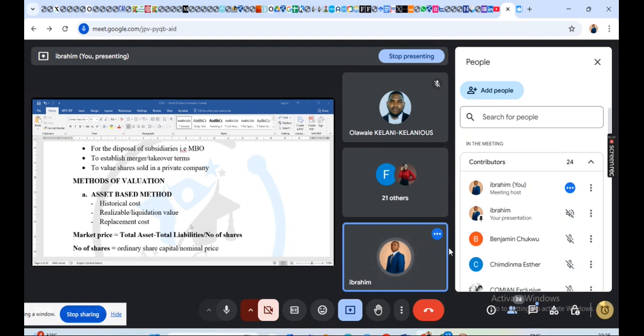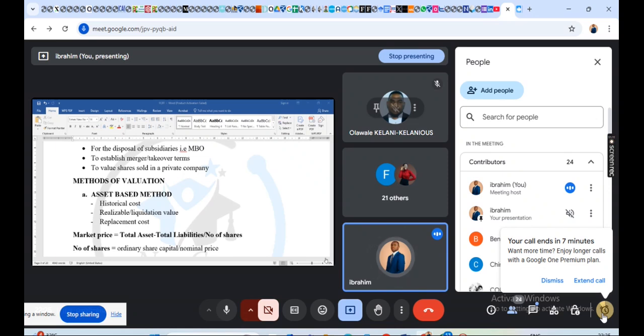Market price is equal to total assets minus total liabilities, divided by the number of shares. Don't forget, your total assets minus total liabilities will give you net assets, divided by the number of shares.